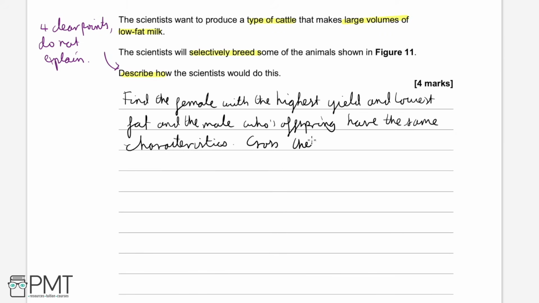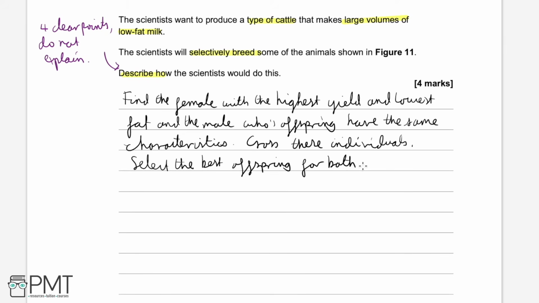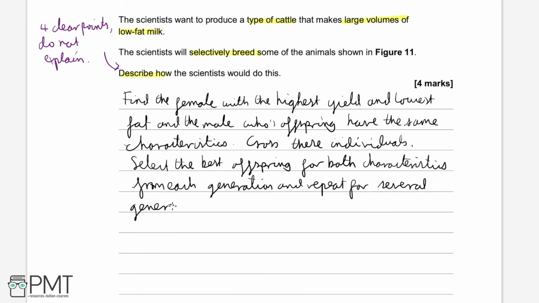In this context, cross means allow to breed, to produce offspring. We then want to select the best offspring for both characteristics from each generation, and then here's the key idea, we have to repeat for several generations. Although it's accelerated natural selection, it does take a relatively large number of generations to produce the desired phenotype in the offspring.